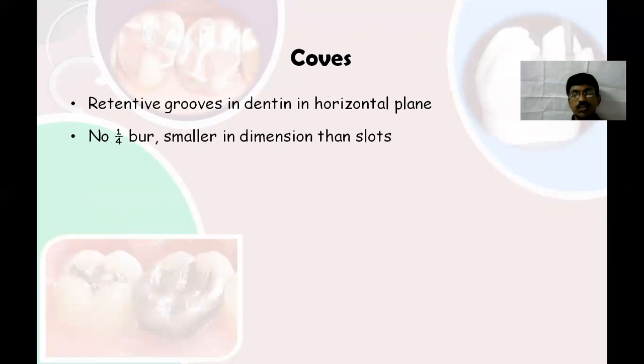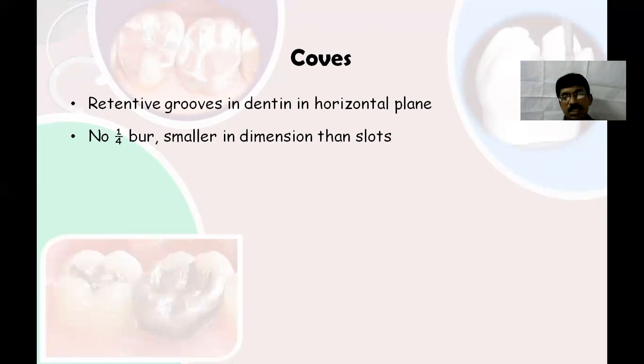Next is cores. Cores are also retentive grooves in dentine in a horizontal plane, as in the case of slots, but cores are smaller in dimension than the slots, and they are given using the number 1/4 burr.